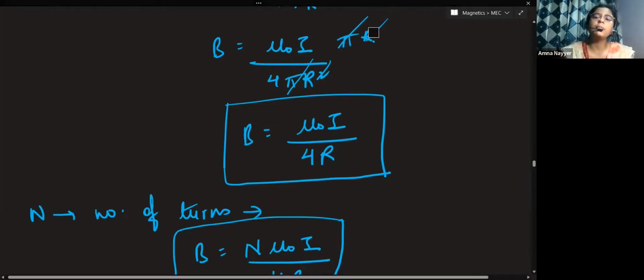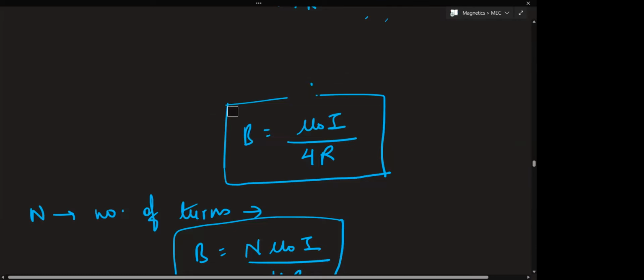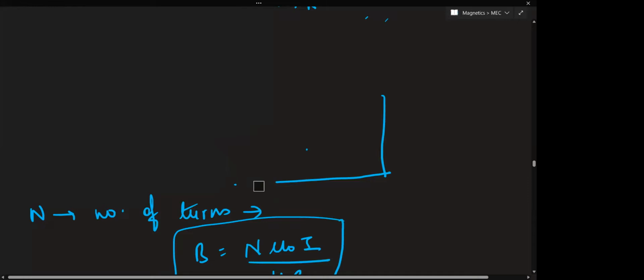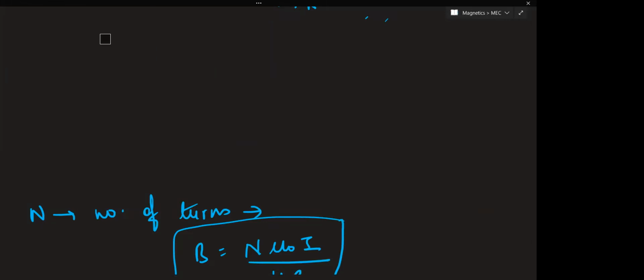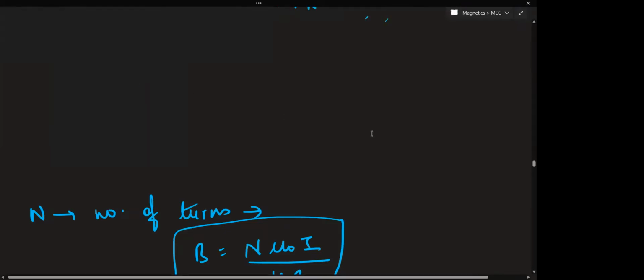So can you tell me what dl will be? Any relation between angle, radius and dl? Alpha is equal to dl by r.